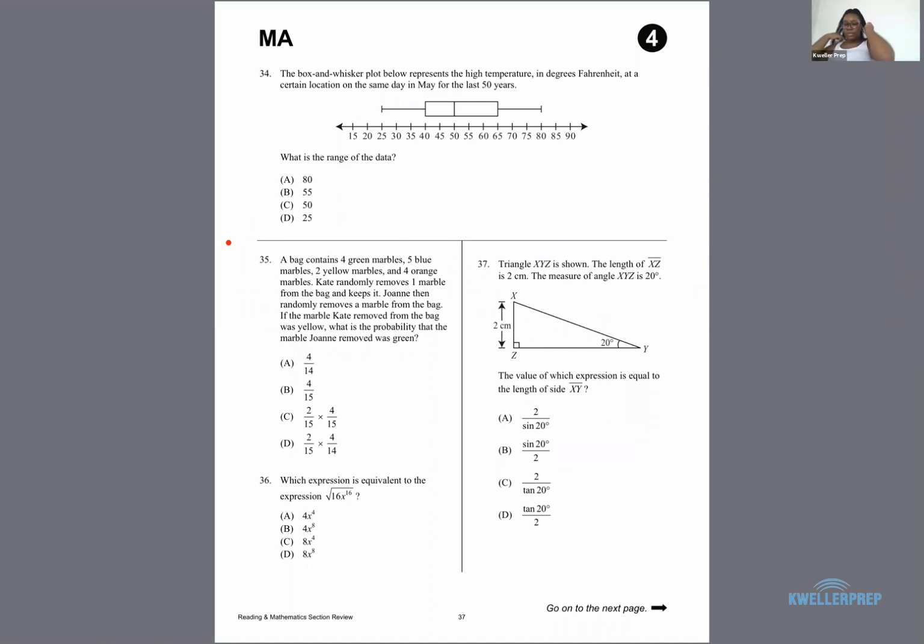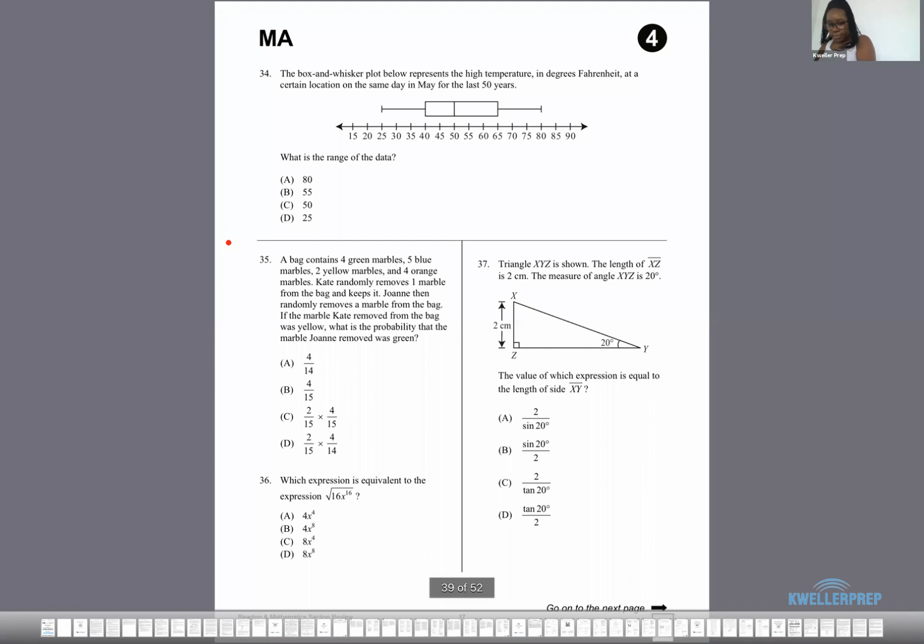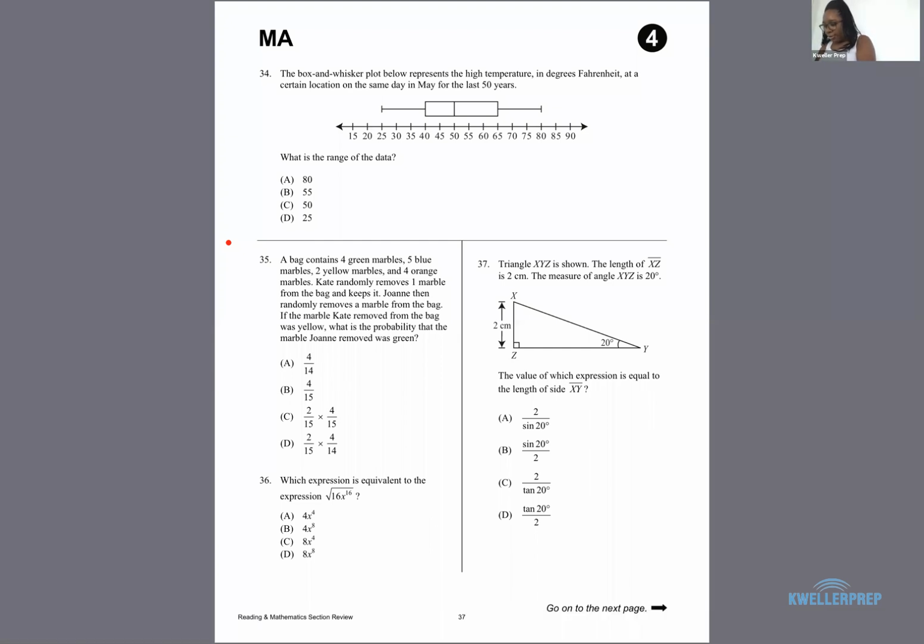Sine, cosine, and tangent are the basics of trigonometry. You use them when you're working with triangles, to find the missing sides or missing angles of a triangle. The sine of a triangle is the opposite side from the angle, which is 2 in this case, divided by the hypotenuse.